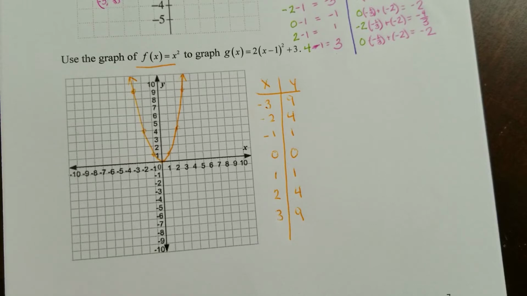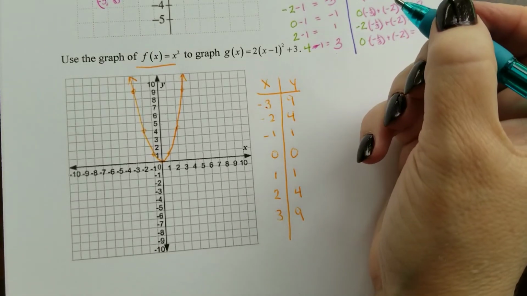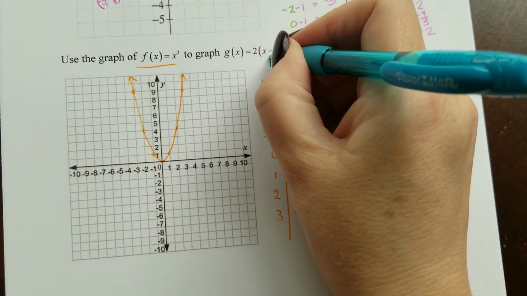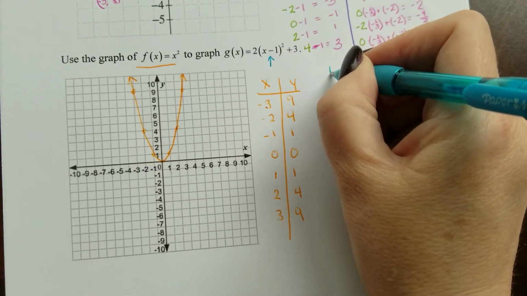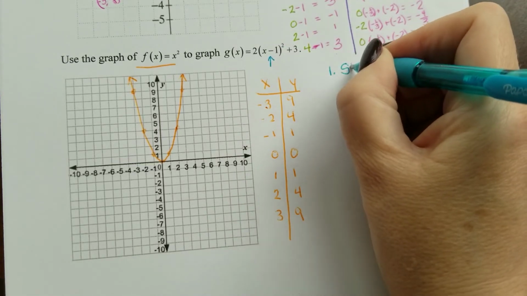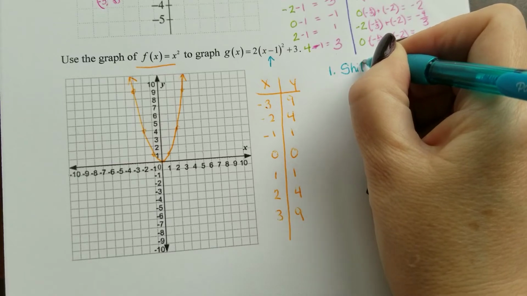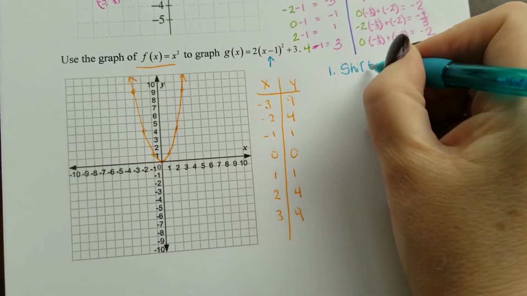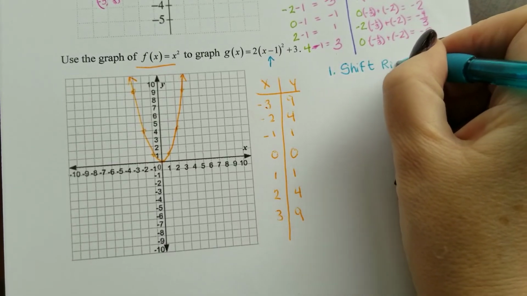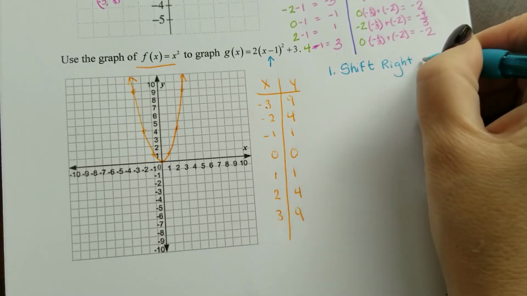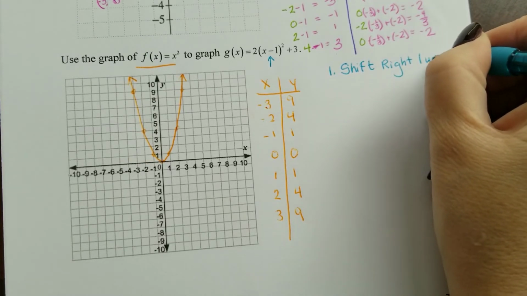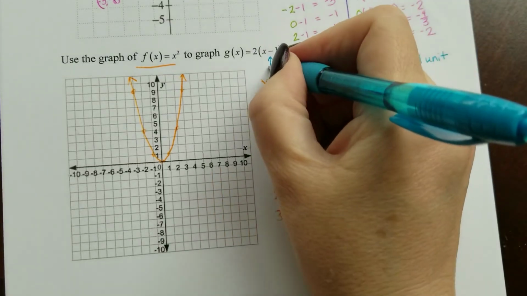And then the first transformation that we're going to have is that we are going to shift right 1 unit. So that's our first thing.